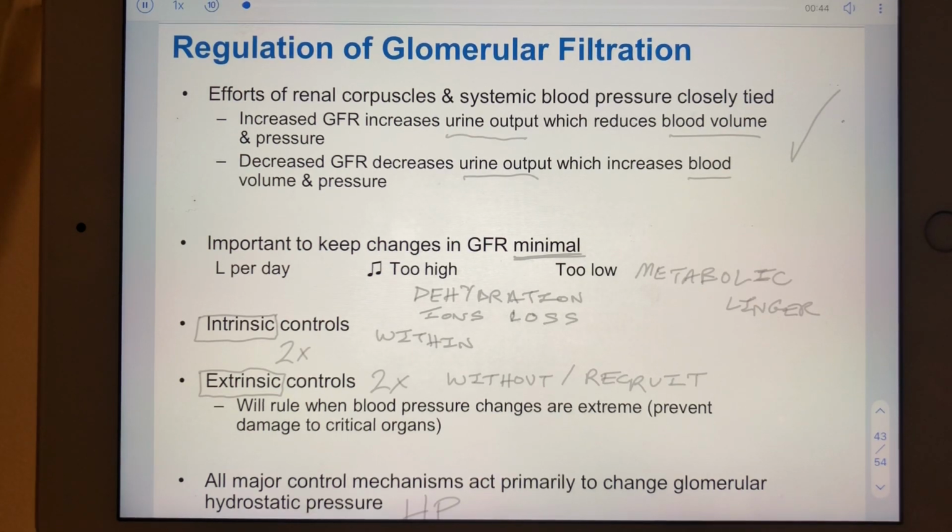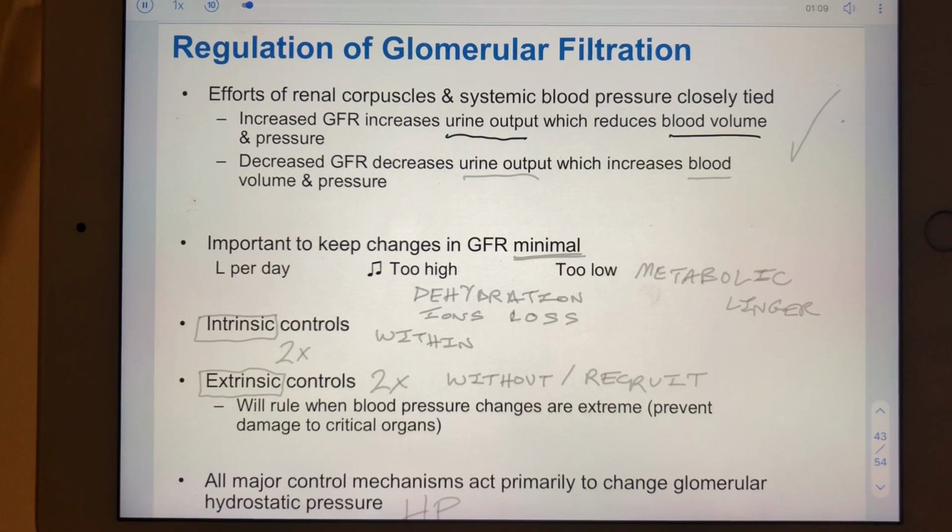And next, what we want to talk about is the regulation of glomerular filtration. And we already know, we started this in chapter 16, that there's a relationship between urine output and blood volume, and we already know that blood volume and blood pressure are coupled, right? Whatever blood volume is doing, blood pressure is doing, and vice versa, okay?